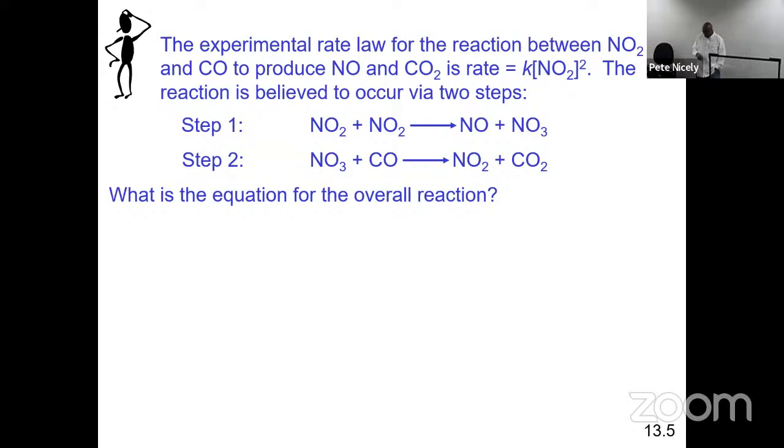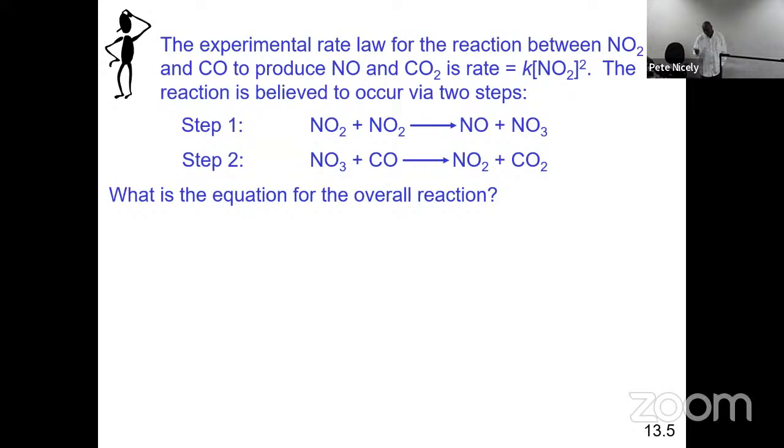Okay, very good. So NO3 would be the intermediate because it's produced in the first step and used up in the second step. So what would be the resulting equation after you cancel those out? Two NO2 plus CO... well, actually, no, hold on.